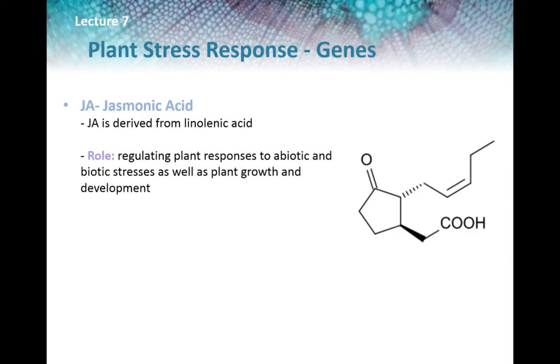Jasmonic signaling can be induced by a range of abiotic stresses, including osmotic stress, wounding, drought, and exposure to elicitors, which include chitins, oligosaccharides, oligogalacturonides, and extracts from yeast.